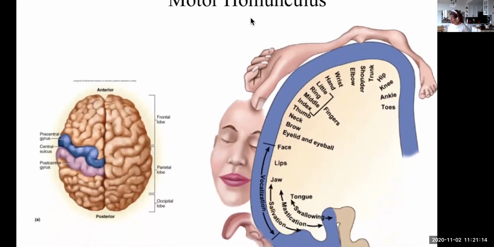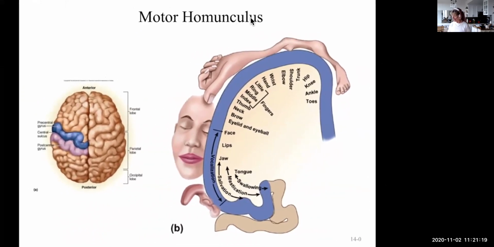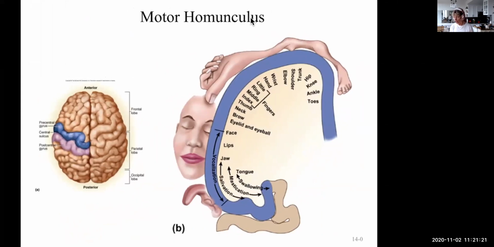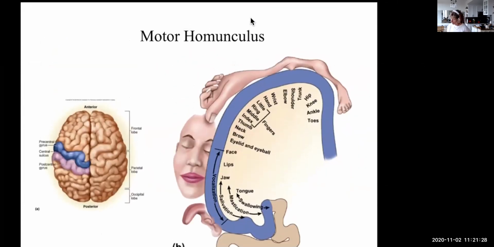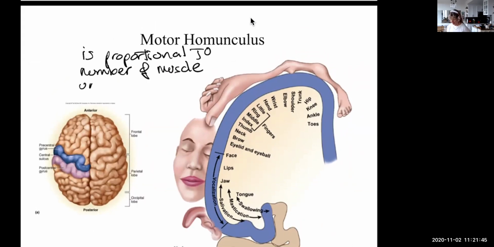The motor homunculus, where motor signals are sent to the body, and the motor cortex, are also relative to the number of muscles in those various areas. So the motor homunculus is proportional to the number of muscle units in a region.